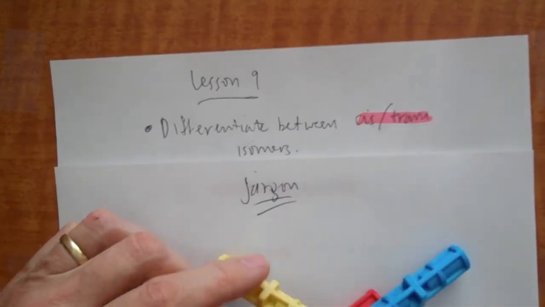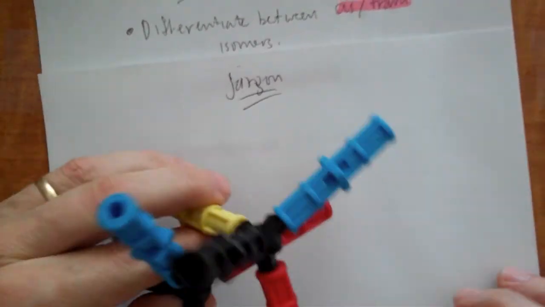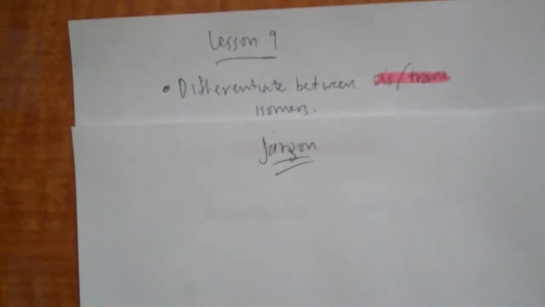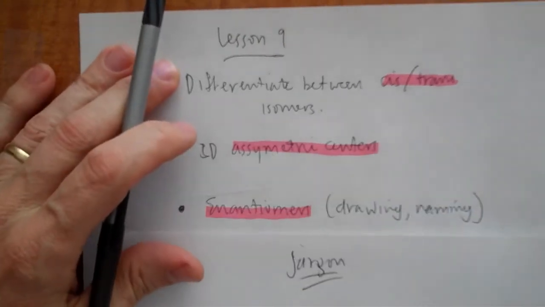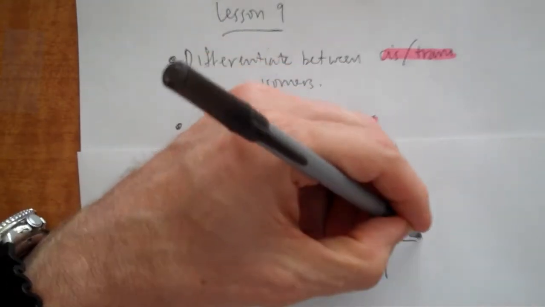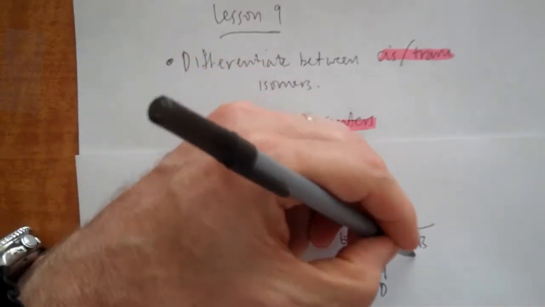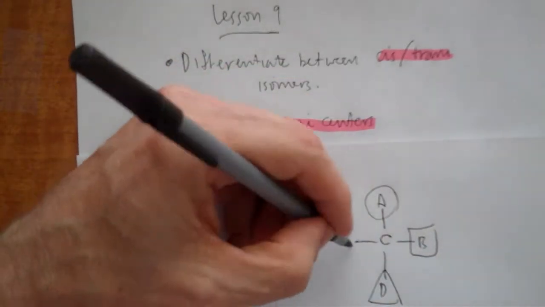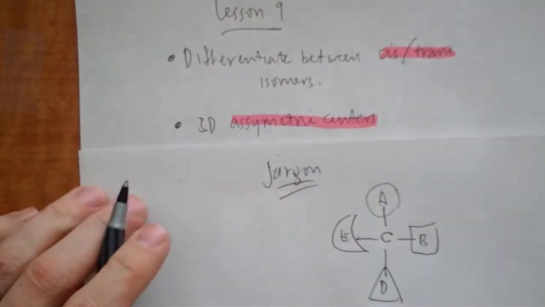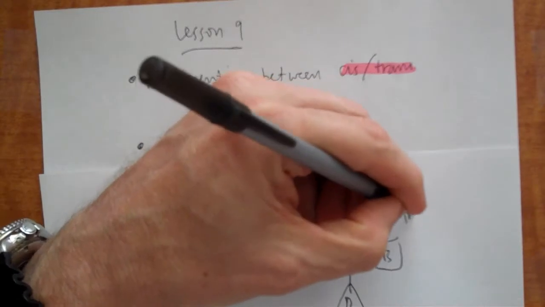And again, please pardon me, mathematicians, if I'm using terminology which is silly, but I'm going to come to a very quick conclusion here: I can identify an asymmetric center if I can simply see a carbon with 4 different things on it, A, B, D, and E. If these are 4 unique things, circle and, I don't know, crescent, 4 unique things coming off of a central carbon, then it is asymmetric.